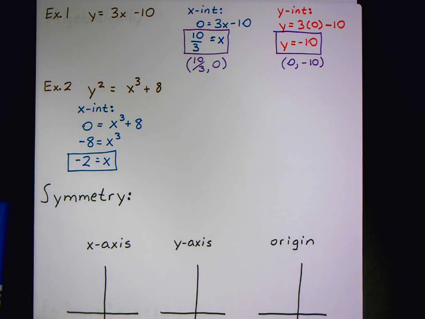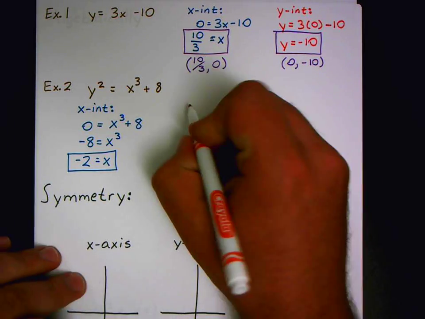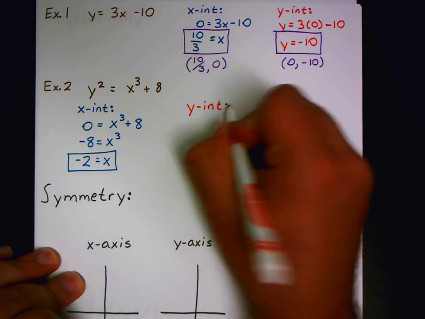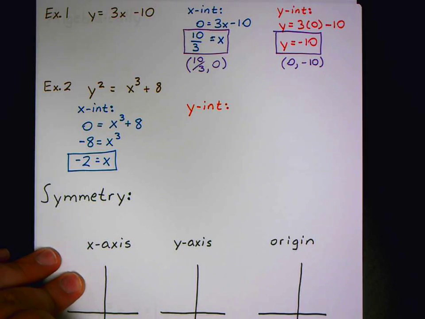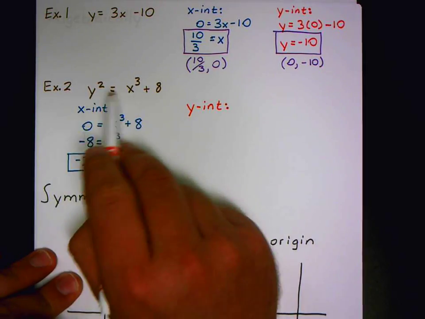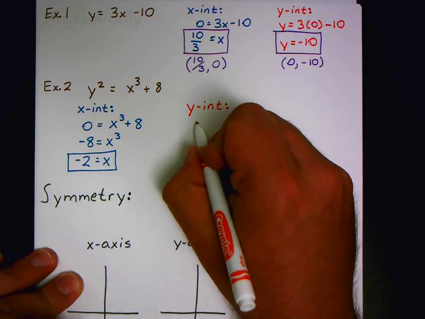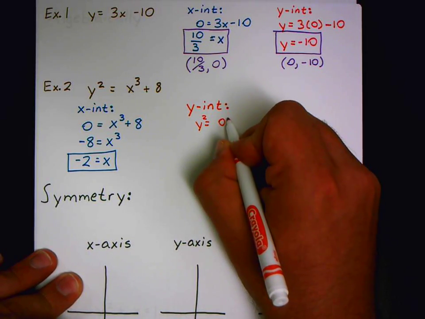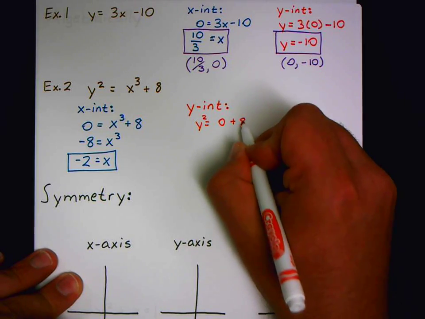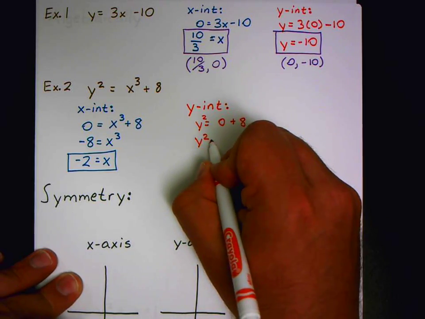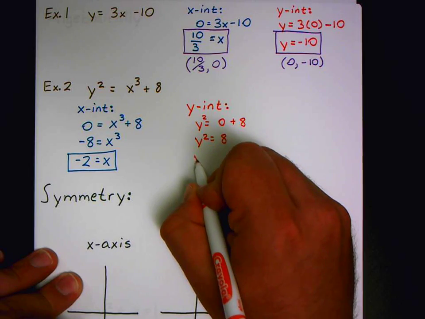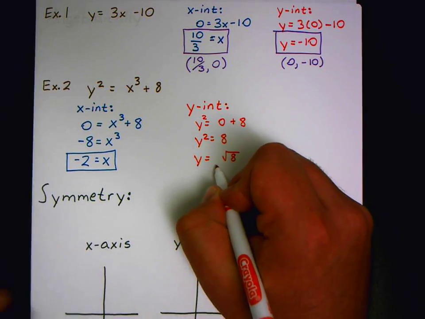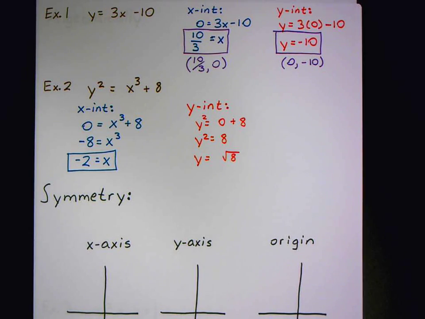Okay, so if we do our y-intercepts, I put a 0 in there for the x. Now, if I see that on your paper, you're going to lose points. What am I missing?